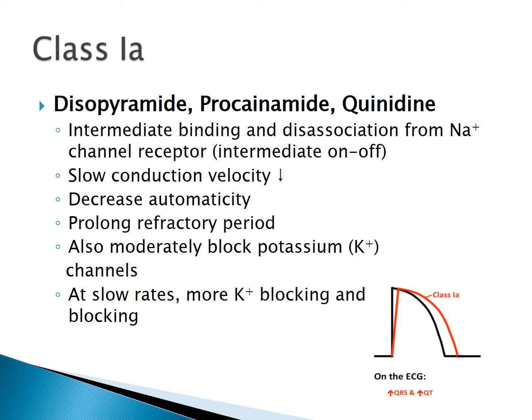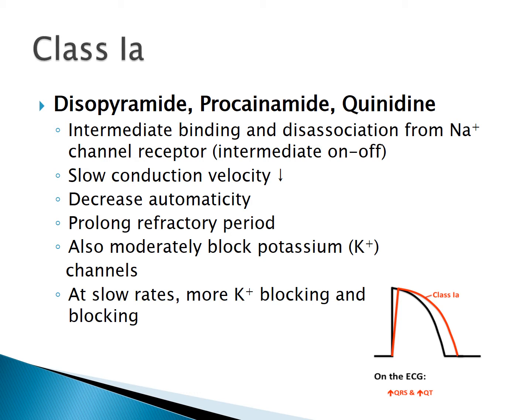Class 1A consists of the drugs disopyramide, procainamide, and quinidine. These are the intermediate on-off sodium channel blockers because they have an intermediate binding and dissociation from the channel receptors. You can see in the diagram of the action potential how phase 0 is altered, causing an increase in the action potential duration, and this causes an increase in the effective refractory period.